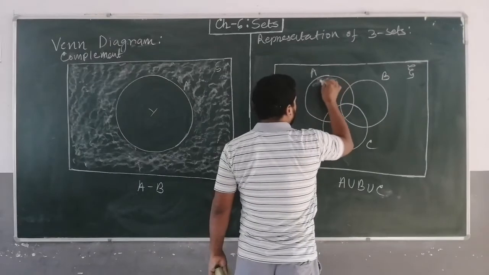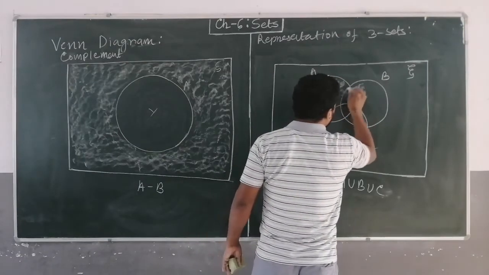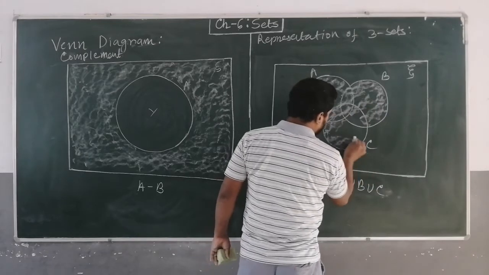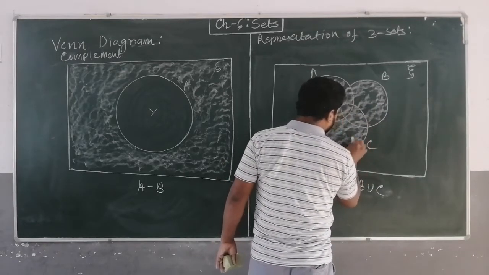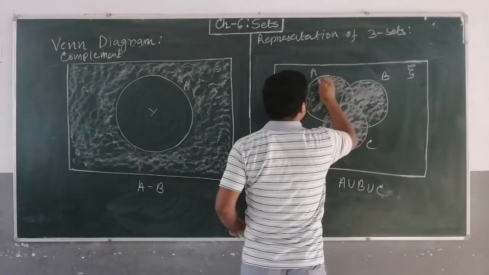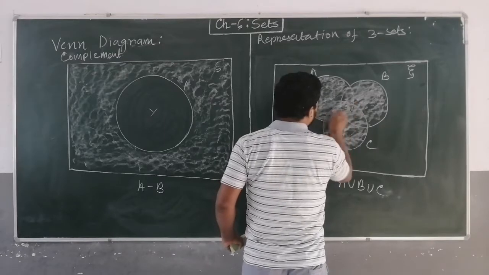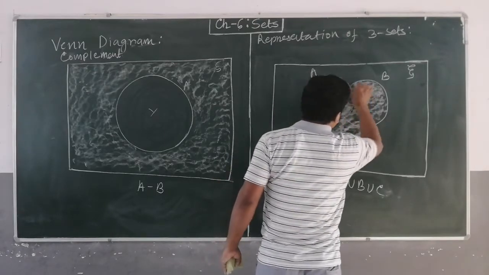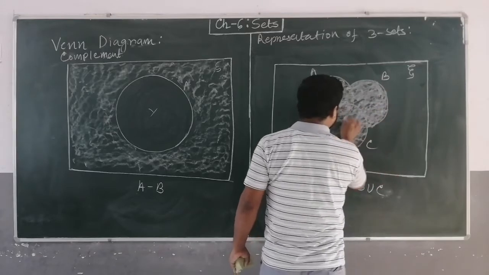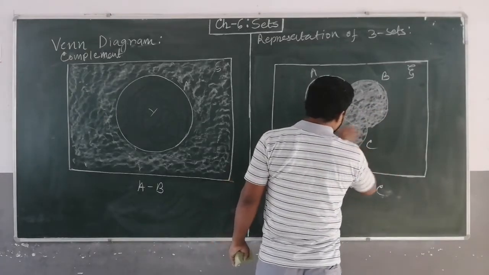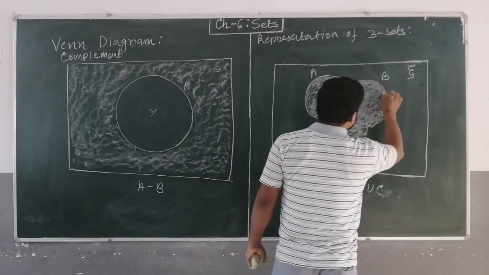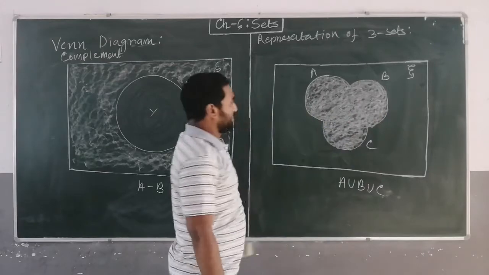This will be the representation of A union B union C, the area bounded by all these three sets. So this is A union B union C.